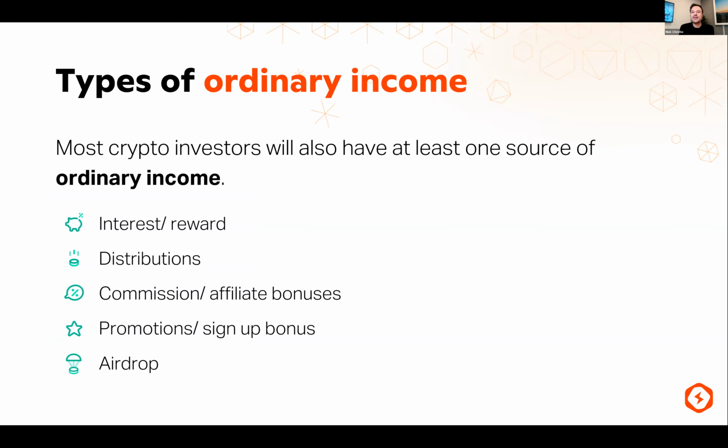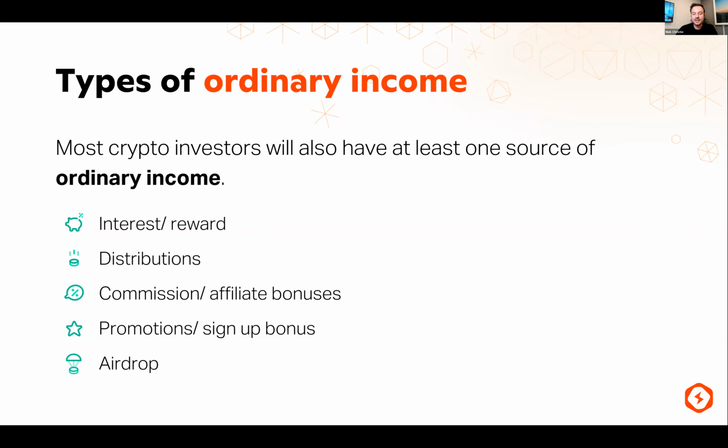So we've talked about capital gains, but there's actually another type of income in our tax law, which is called ordinary income. What we've seen is that most crypto investors have at least one source of ordinary income. You may not, but we do see that it's quite common now. The place where most people receive this is through an earn program.